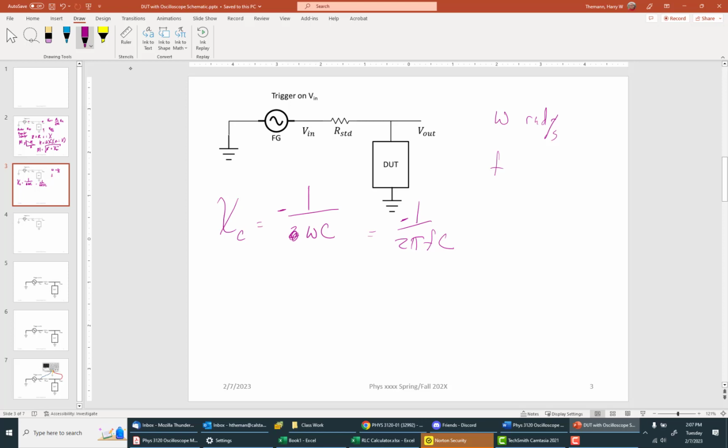F is in cycles per second. So there's 2 pi radians for each cycle, one time around. So that means that omega equals 2 pi F. Hopefully that sounds familiar.